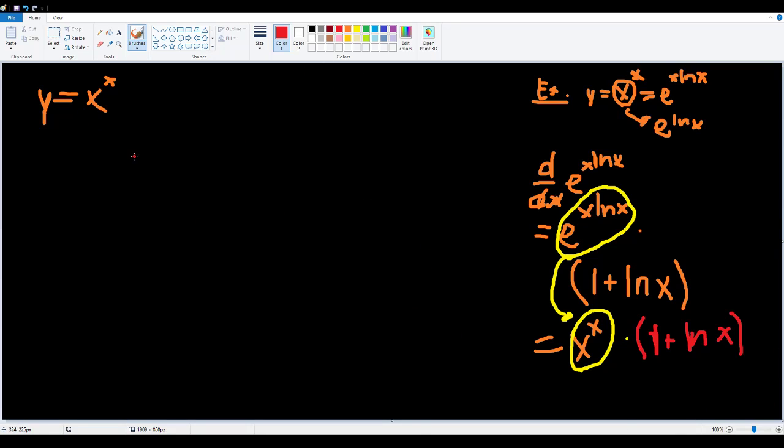Now we're going to do the implicit differentiation. Implicit is going to be just by taking the logarithm on each side. So ln y equals ln x to the x.